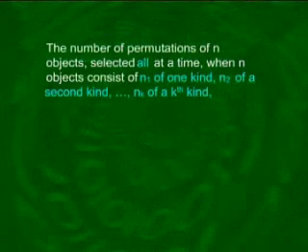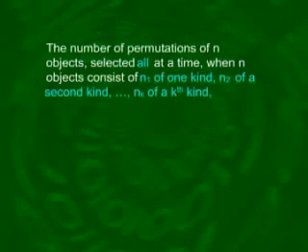All the discussion that we have done up till now pertained to the case when we have n distinct objects under consideration. If we have a situation where some of the objects are not distinct, then the formula for permutations modifies in the manner that you now see on the screen.